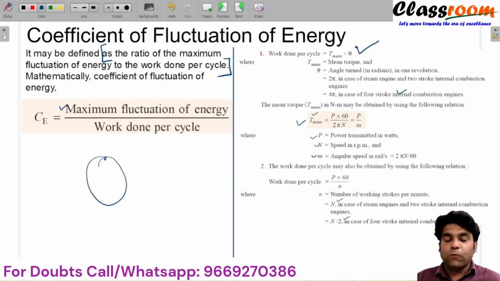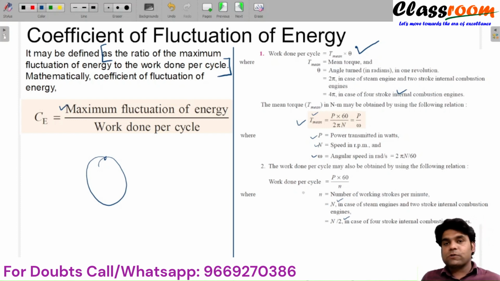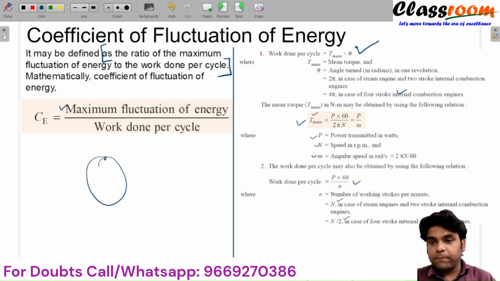In case of 4-stroke engine, in 2 revolutions I get a single working stroke, therefore in N revolutions I get N by 2 working strokes per minute. So you can determine the value of work done per cycle using either of these 2 relations.